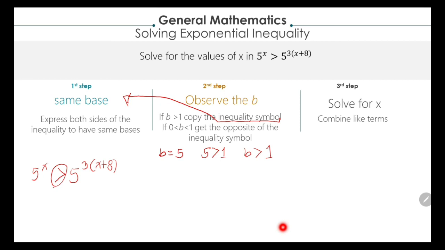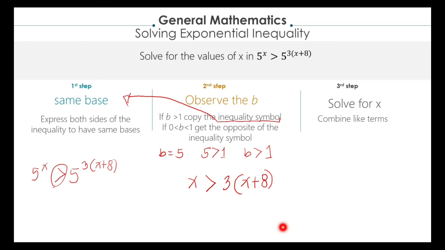So, pag binaba na natin yung exponent, gagamitin natin yung inequality symbol na ginamit natin sa first step. So, we have x as the exponent of your base on the left side of the inequality is greater than 3 multiplied by x plus 8 na nanggaling dun sa exponent dun sa right side ng inequality.